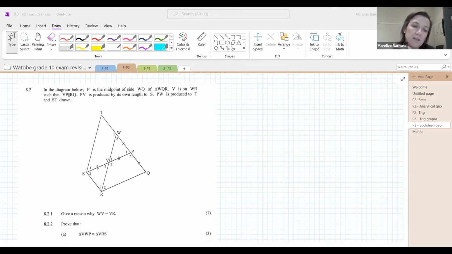Okay, but first have a look and go on your fact-finding mission. Find things that are equal. Is there midpoint theorem in here?